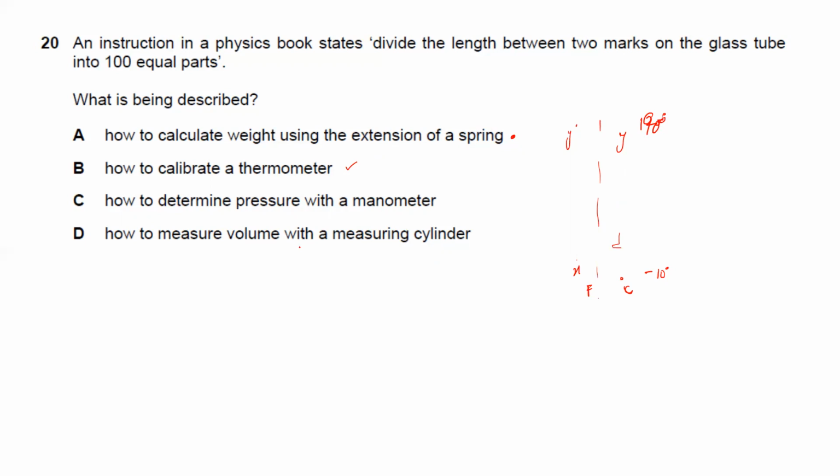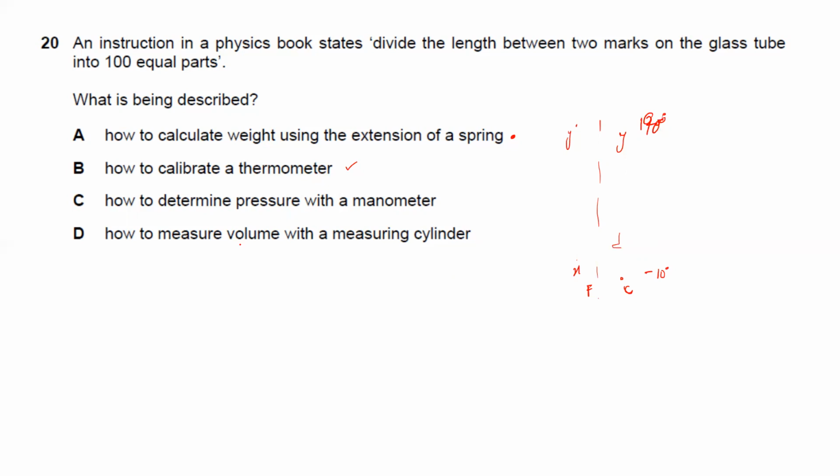How to measure volume with a measuring cylinder? A measuring cylinder is again in the form of glass but it's not a tube, it's a sort of beaker. Secondly, it can be made of plastic as well. Thermometers are not made of plastics, especially the mercury ones.